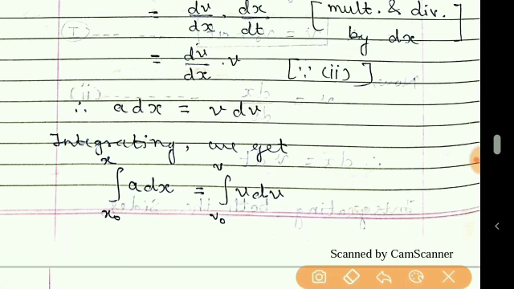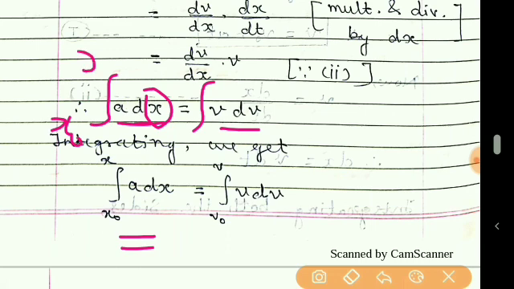So we have integrated this equation on both sides. Integration is done here. Here it is a function of x, so limits will be x naught, that is initial position, to final position. So the same thing we have done here. Here it is a function of v, so initial velocity and final velocity.